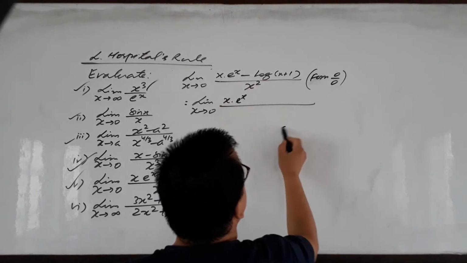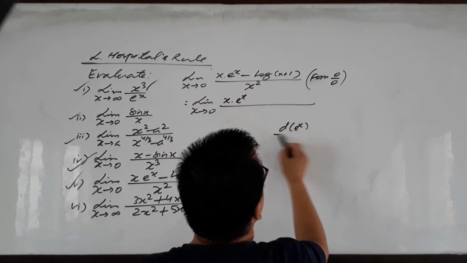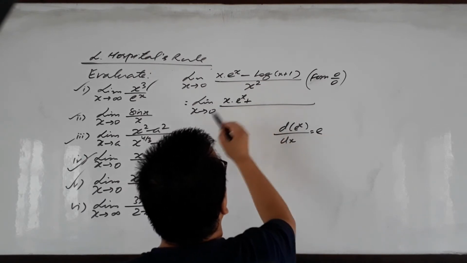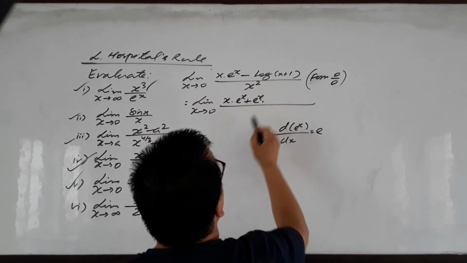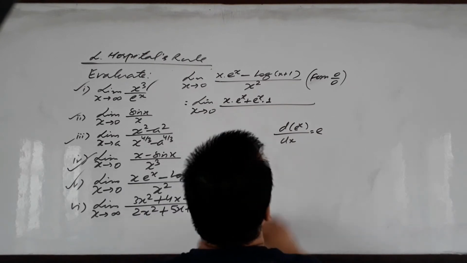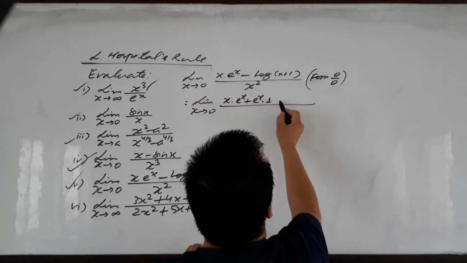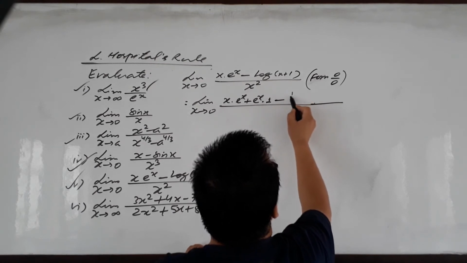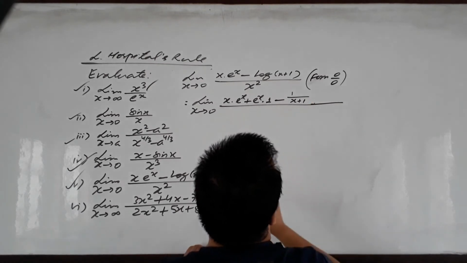The derivative of e^x is e^x. First function times derivative of second, plus second function times derivative of x, which is 1. This is a shortcut. Then minus the derivative of log, which is 1 upon x plus 1.